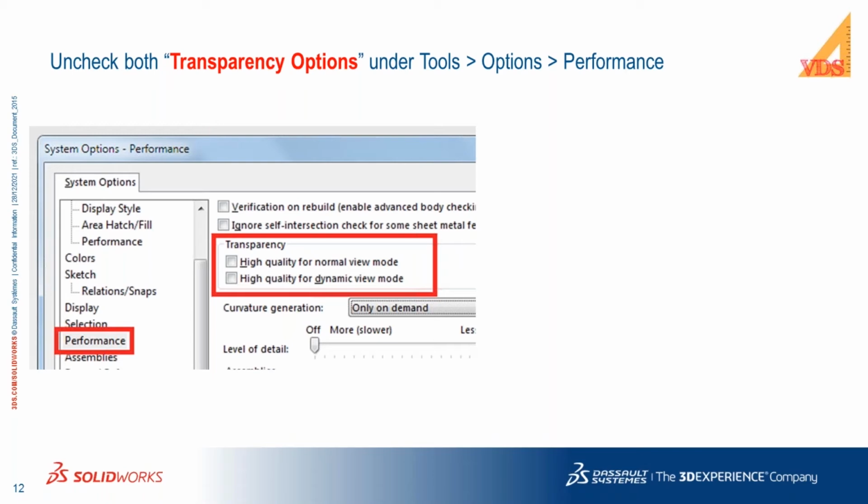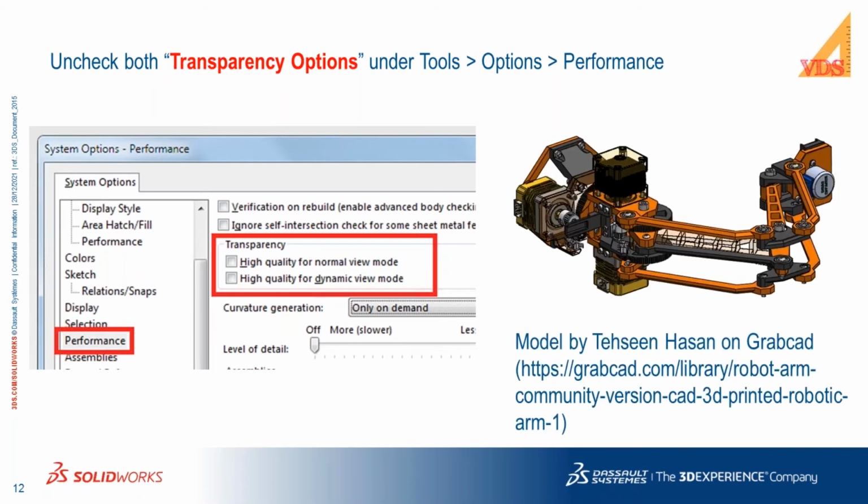And high quality for dynamic mode is when we are moving our model around and still we want a higher transparency. So unless you have a definite need for high quality transparency, it's always good to keep both options turned off. Let's look quickly at one of the models.